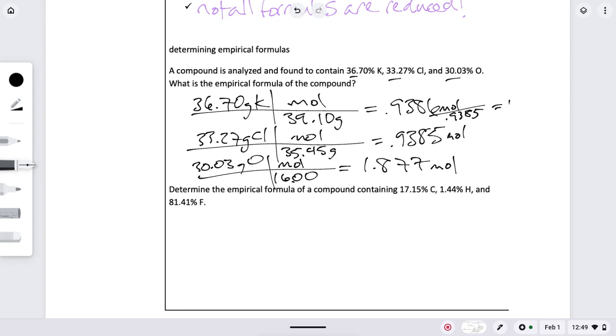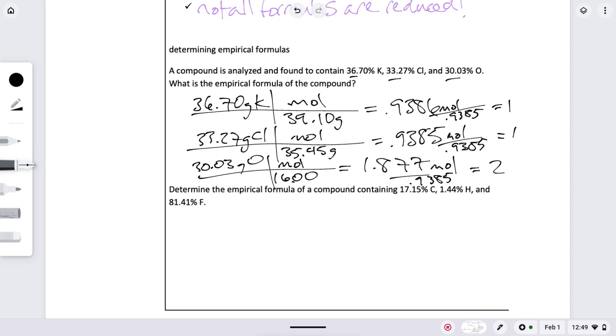So in all reality, it is a 1. That's the point of this, is that I get this whole number ratio. So if you get something that's very close to a whole number, that's just your answer. This next one is going to be exactly 1 because I'm dividing it by itself. But when I divide 1.877 by 0.9385, that's going to give me 2.